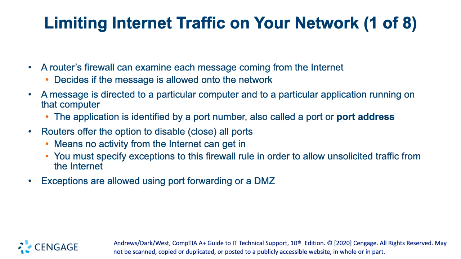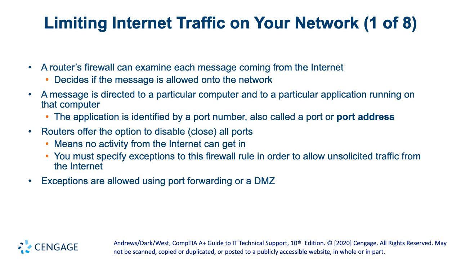The application is identified by the port number, also known as the port address. So for example, web traffic runs on port 80, whereas secured web traffic runs on port 443. And you have the option to disable or close all ports, which would mean no access to anything. So nothing would be allowed if you disable and close all ports.